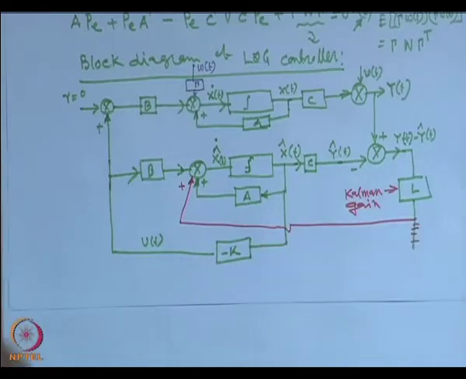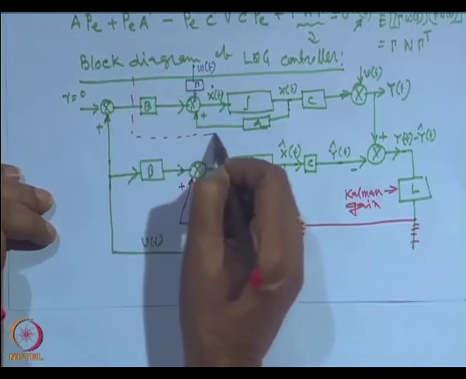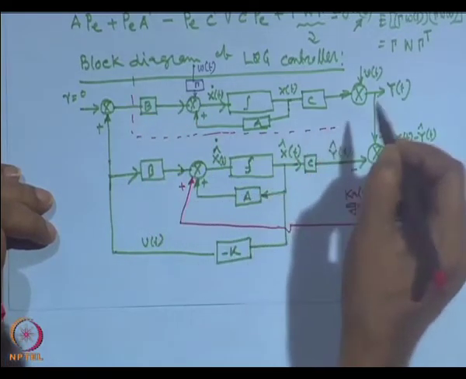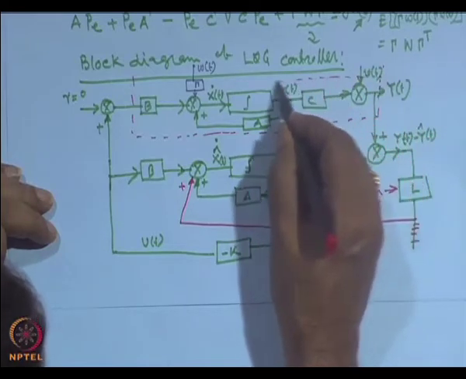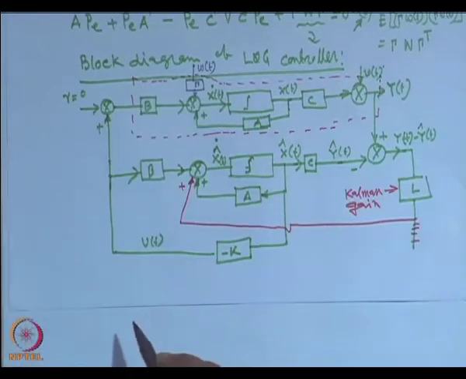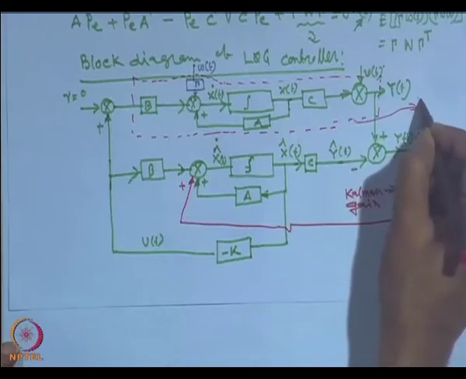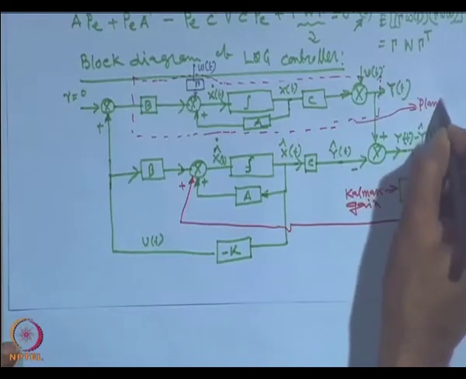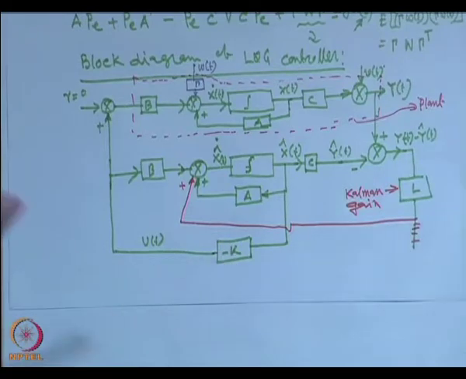So now I am showing you this block in red. This is your plant, and this is your controller.